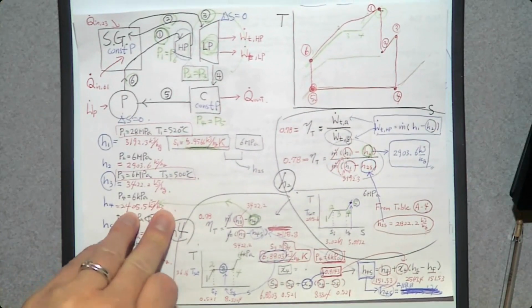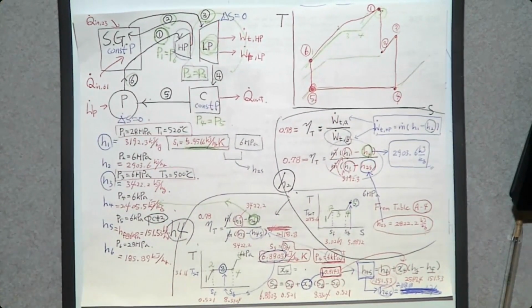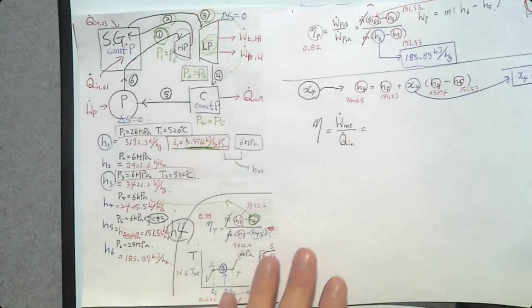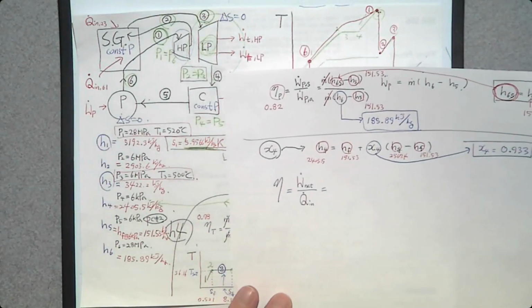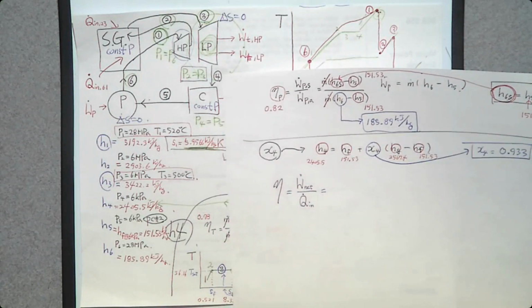I wish I had a larger screen. So how many powers do we have? We have pump power, turbine power in the high pressure turbine, and turbine power from the low pressure turbine. So there are three.